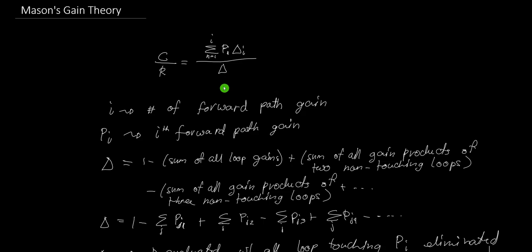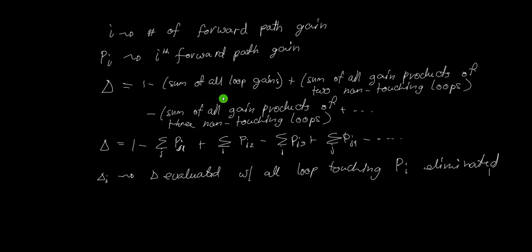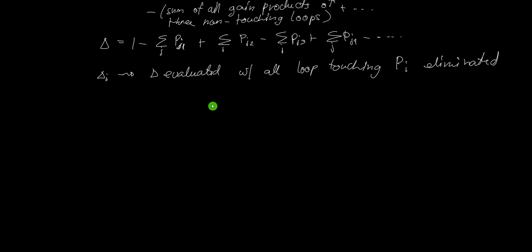Now, let's prove if this is true or not by solving a simple block diagram. Our simple block diagram is the canonical form, which we already know.